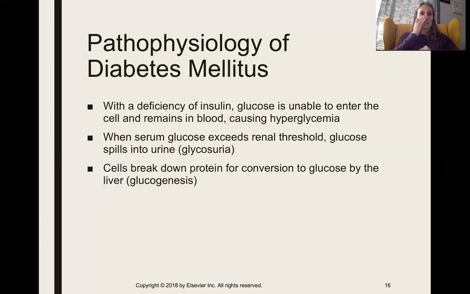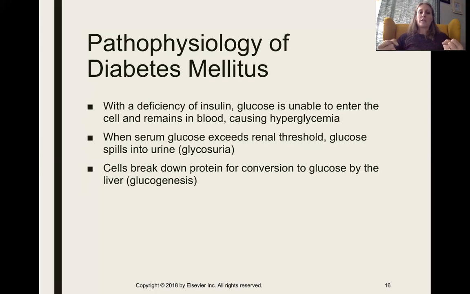So why is it important that we have those insulin cells? Like I mentioned earlier, when insulin attaches to the insulin receptor on the cell membrane, it allows the cell membrane to open up. So insulin supports the metabolism of carbohydrates, fats, and proteins by facilitating their entry into the cell.